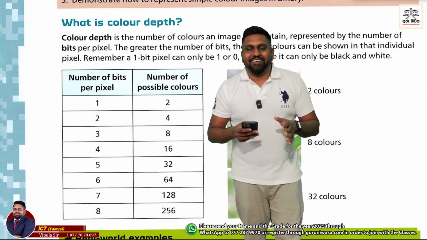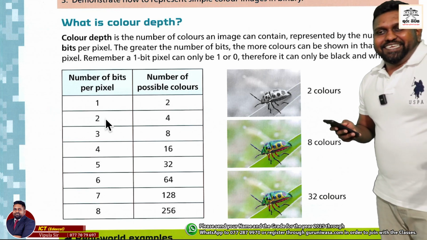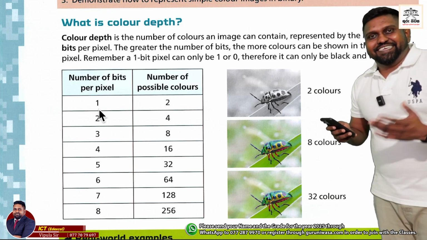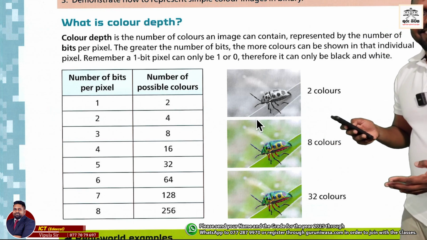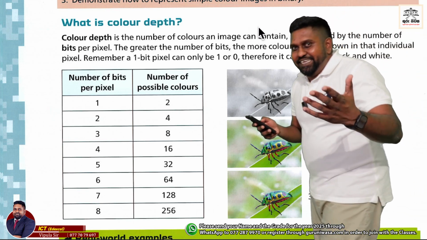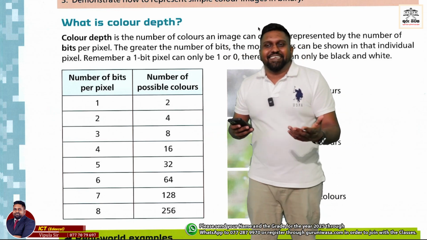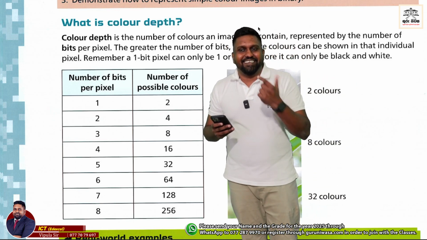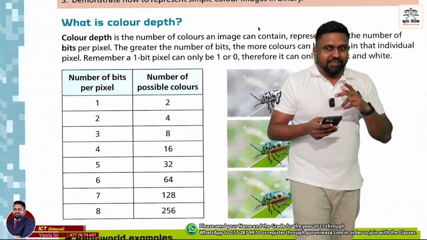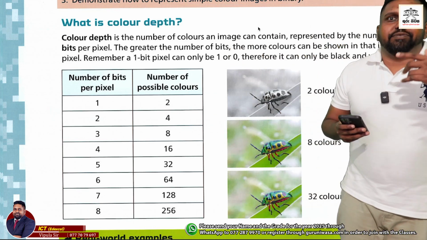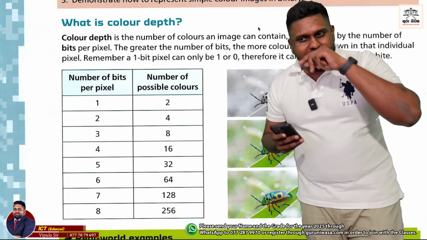Now the concept is, if you take one pixel, one bit, that means you can only go with two colors. Two colors would look like this. It's basically black and white, the same thing we just saw. We tried one bit. But if you need more colors, you need more bits, right?